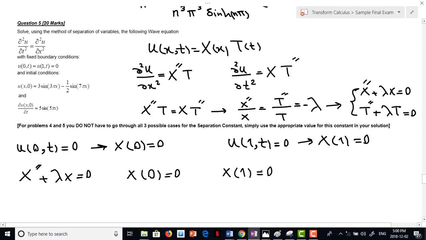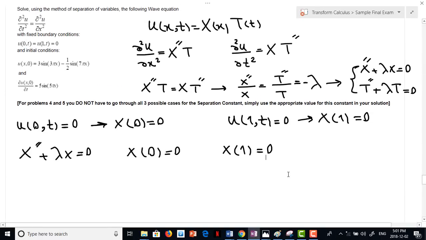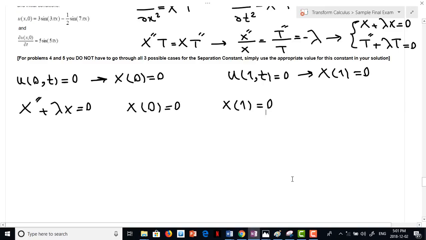So again, you have to consider three cases for lambda: 0, negative, or positive. But since we solved this question in the past, I know that just lambda equal to a positive number will end up with a non-trivial solution. That's why I just solved this problem for lambda equal to alpha squared.